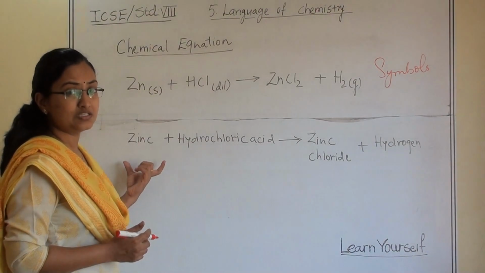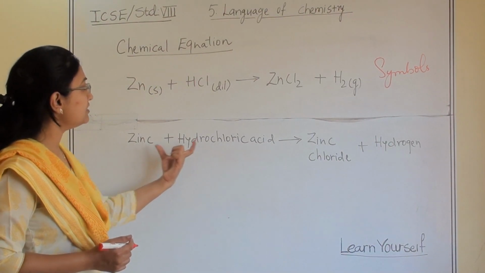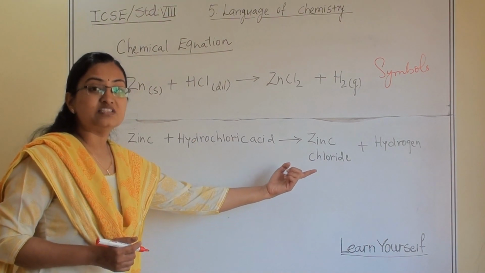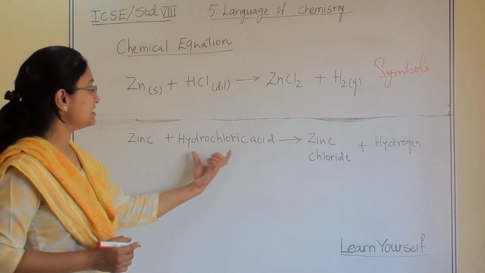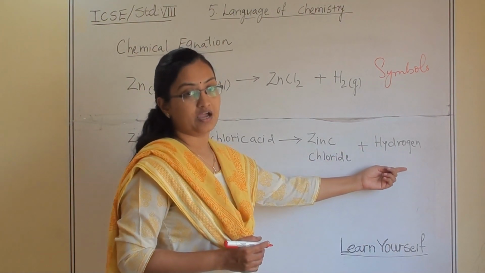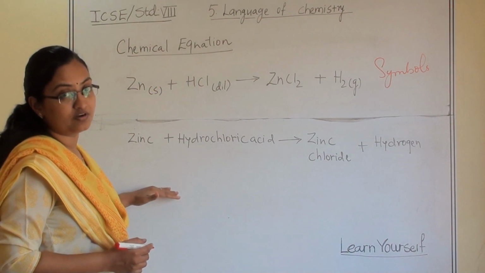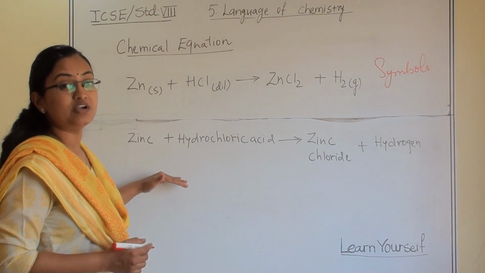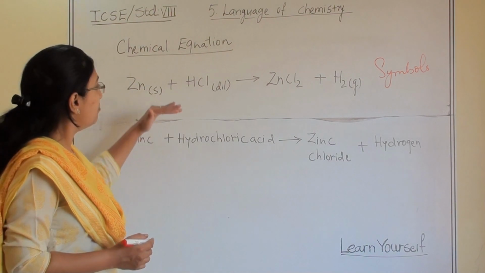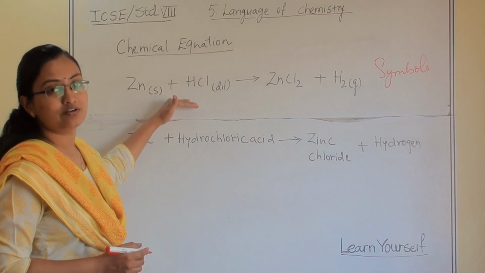The second one is known as word equation, since we have written all the compounds in the word form: zinc plus hydrochloric acid will give us zinc chloride plus hydrogen. Word equation we are writing in words, molecular equation we are writing with symbols and molecular formula.